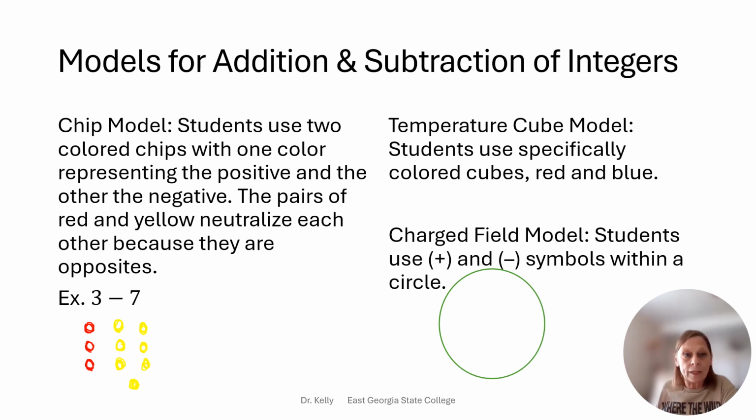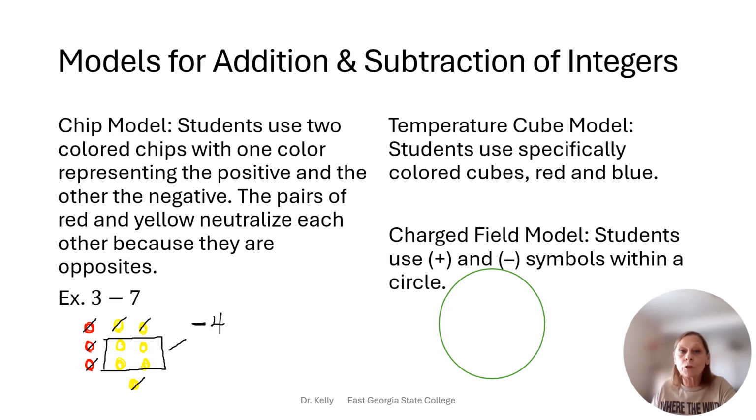And now what we get to do is cross them out one for one. So for this red guy, I'm going to cancel one yellow guy. For this red guy, I'll cancel one yellow guy. For this red guy, I'll cancel one yellow guy. And what's left is how many and what color is the sign. So we are left with -4 because that's our negative color.